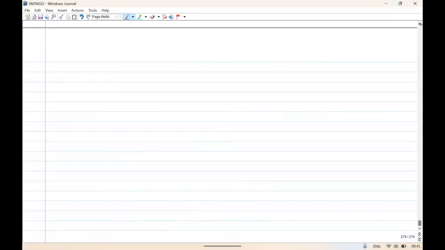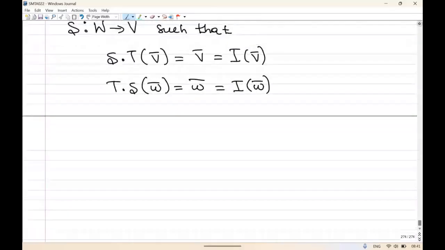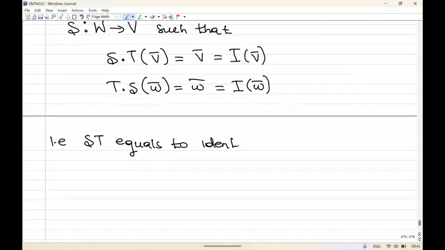Now, on this one, we have our ST equals the identity operator. Last time we did the identity operator somewhere. Is it last week, I guess?